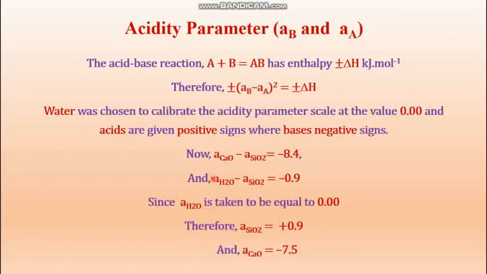So since water has been arbitrarily taken as 0, the value for silicon dioxide is minus 0.9. If this minus 0.9 value is put here, then it is found that the value for calcium oxide should be minus 7.5.